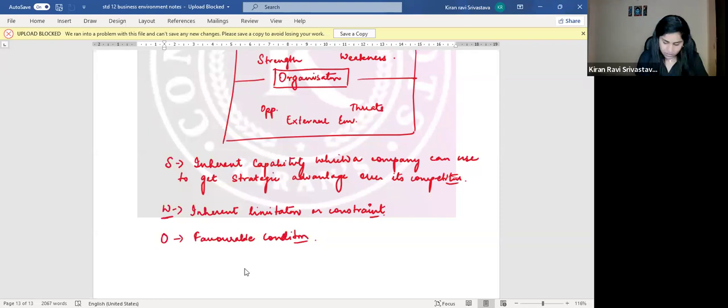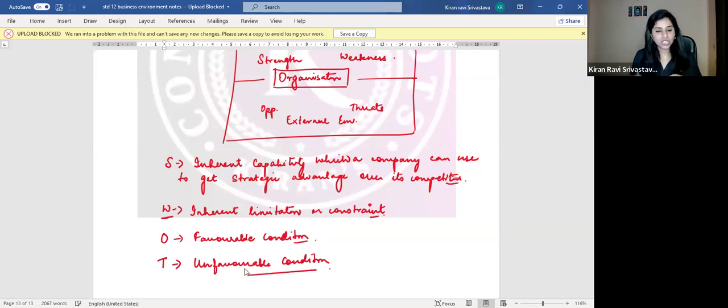And then the last one is threat. Threat is an unfavorable condition. Remember, all these favorable and unfavorable conditions are impartial between businesses. It is upon the businesses how they react. If they fall victim to the unfavorable condition, then that threat will become their weakness, or the weakness will become the threat. For example, for restaurant businesses, people were not allowed to go outside.